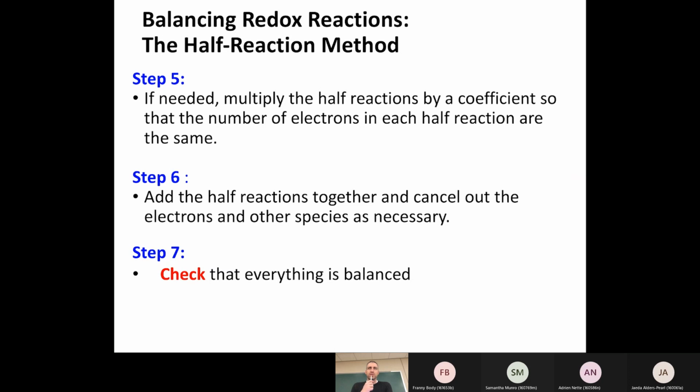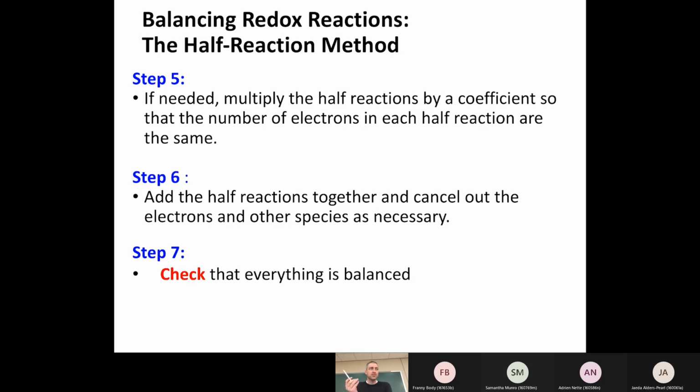I remember doing this in, was it grade 6 or something? We called it lowest common multiple. Greatest common factor, lowest common multiple. That's like burned into my head. I think this would be a lowest common multiple situation. Then you just add them together, cancel anything that appears on both sides, and you're done.